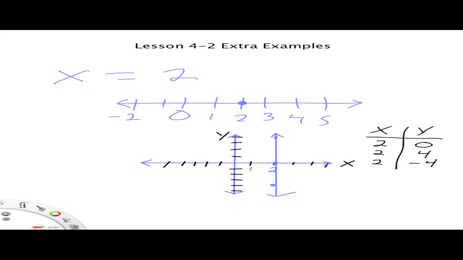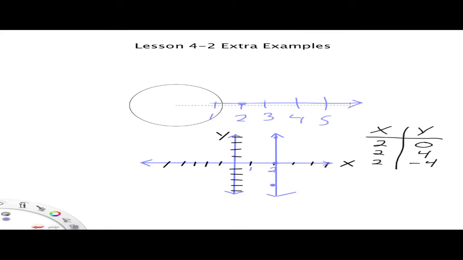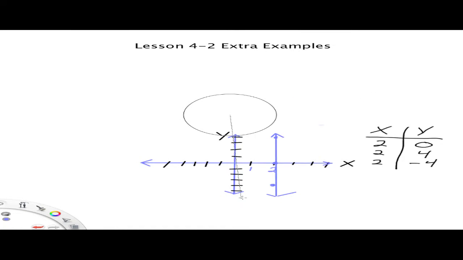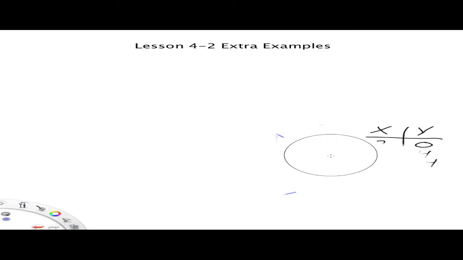Let me clear some of this out of the way. Okay, so I've got that out of the way. If I was going to do this in set builder notation, then I'd be looking at something like this. Our original equation was x equals 2.